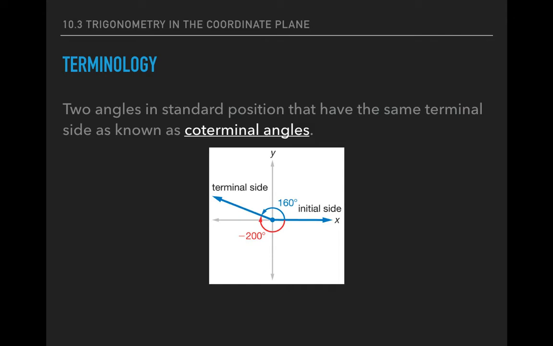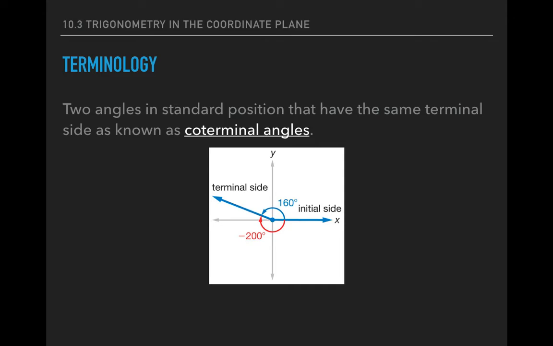Bit more terminology here. You can have multiple angles in standard position, and if they are ending at the same spot, their terminal side is the same, then they are called coterminal angles.